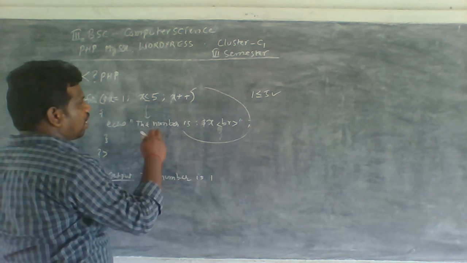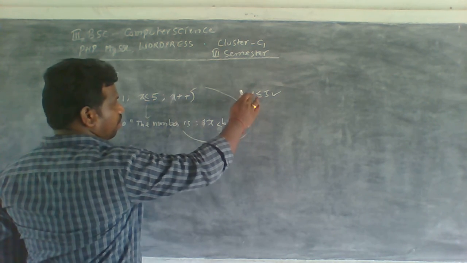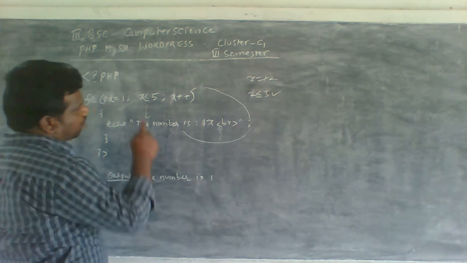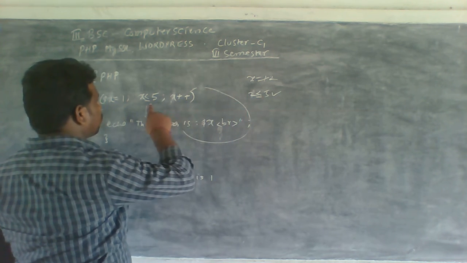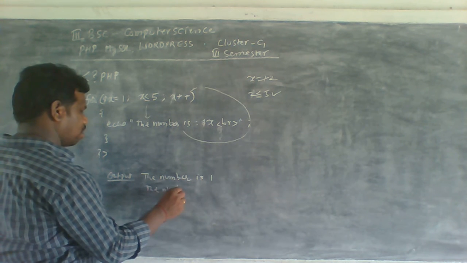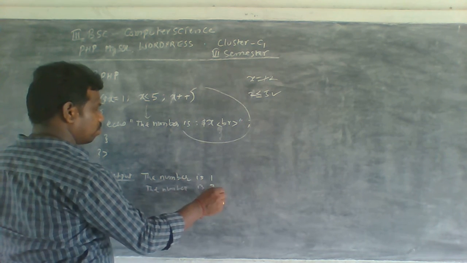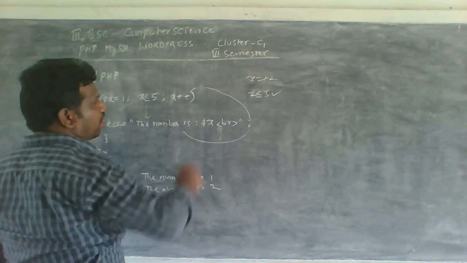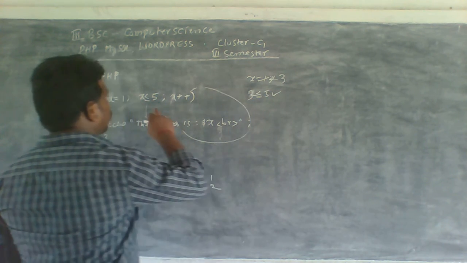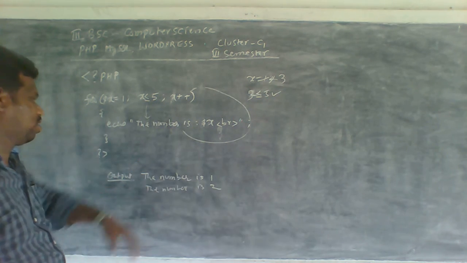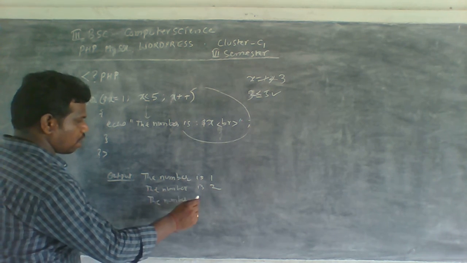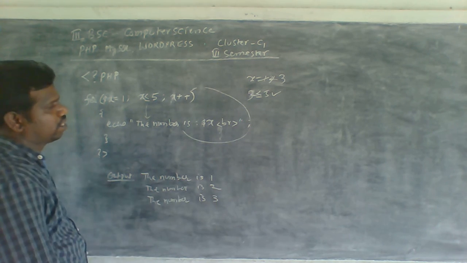x plus plus: x is initially 1, so the x value becomes 2. Then we check the condition 2 less than or equal to 5, the condition is true, and again it prints "the number is 2". Coming back, the increment operator makes x 3. We check the condition 3 less than or equal to 5, it is true, and it prints "the number is 3".